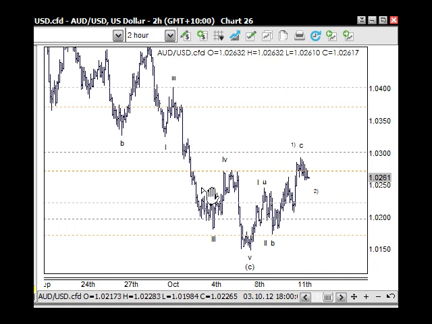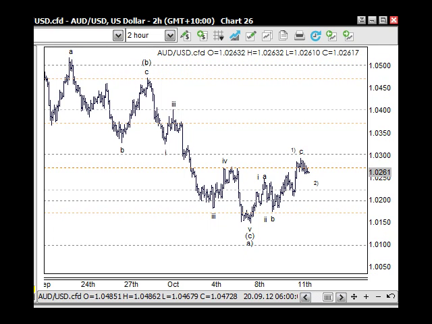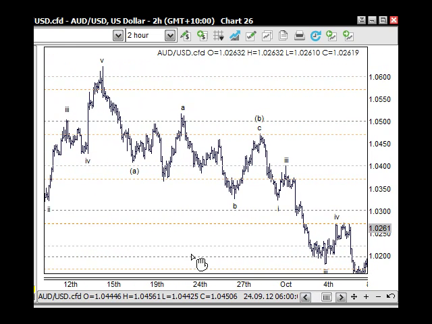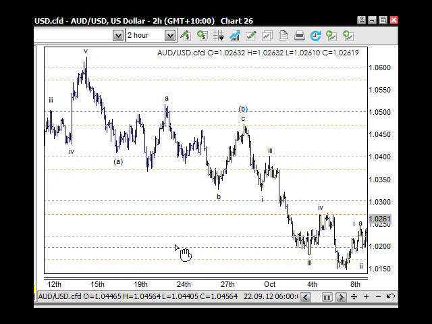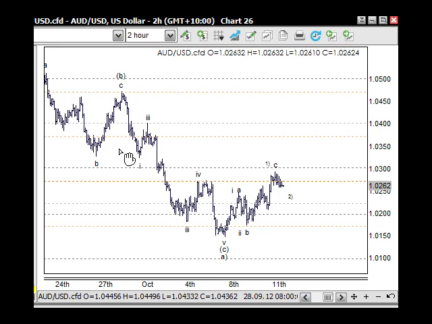The Australian market I find very interesting, and I think that there could be an alternative wave structure in here as well. So what I mean by that is that this pattern that we've been following through here as an A wave, and then a little ABC, with a little A wave here, a B wave down here, and a C wave up here for the B wave, is a real possibility.